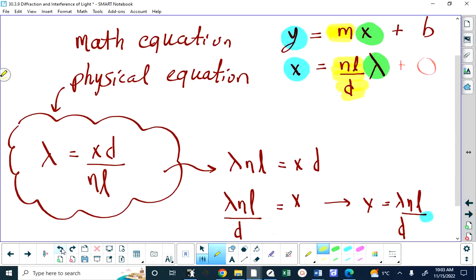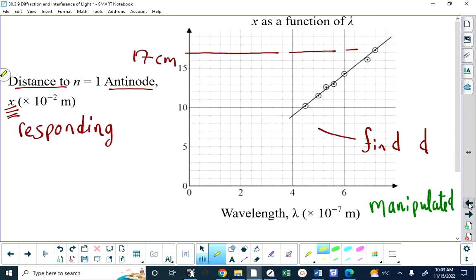So how are we going to find the slope? I've kind of suggested to you in the past that I think the best way to find the slope is to do a linear regression. You don't have to. You could pick this point, and I'm going to have to do some estimating, this point, and draw a triangle on the graph and calculate your rise and your run.